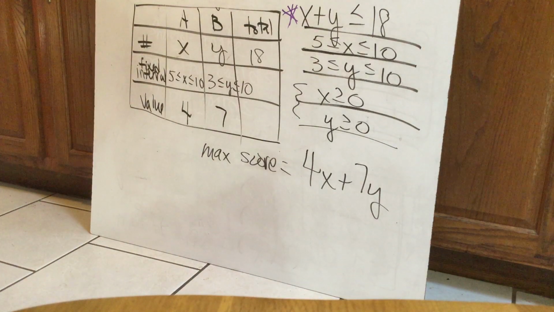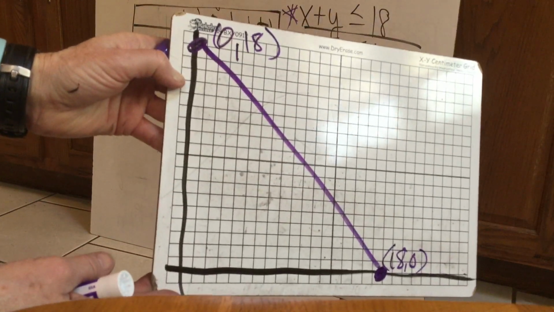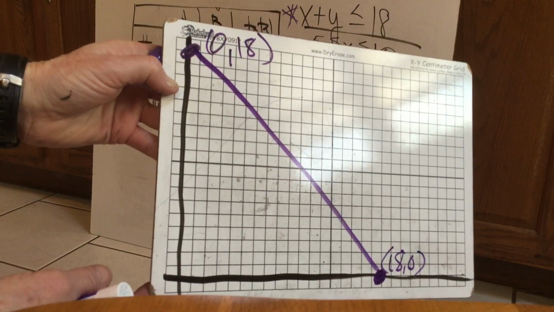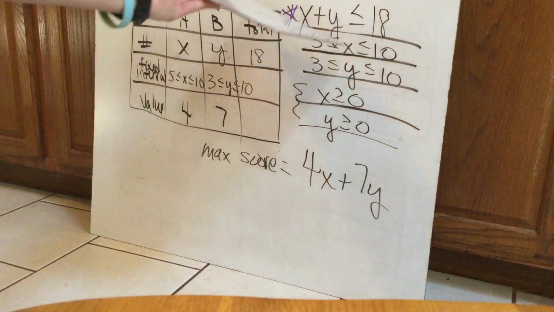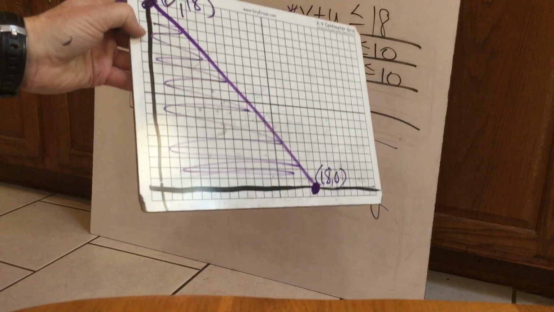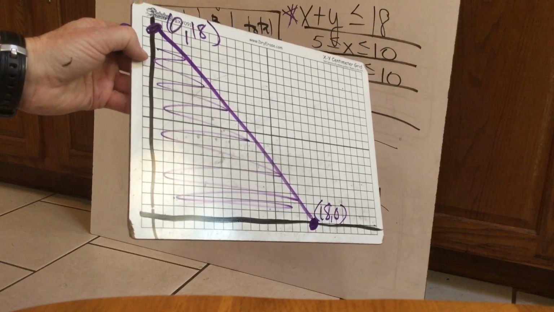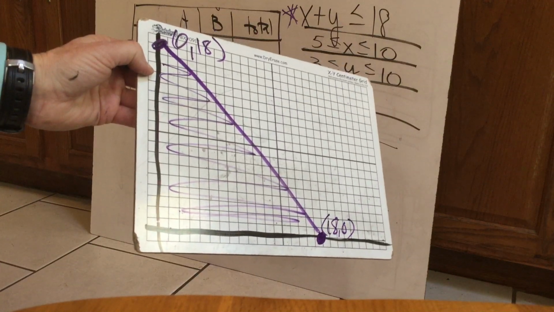So I'll show you in a minute. So I've marked my 18s. I've connected them with a line. And because it's a less than, I'm going to shade inside. So I have this handy dandy triangle shaded from my top constraint, which I've labeled purple.